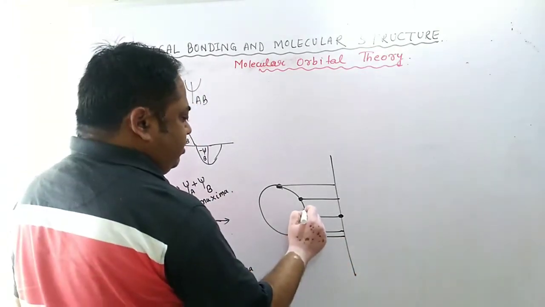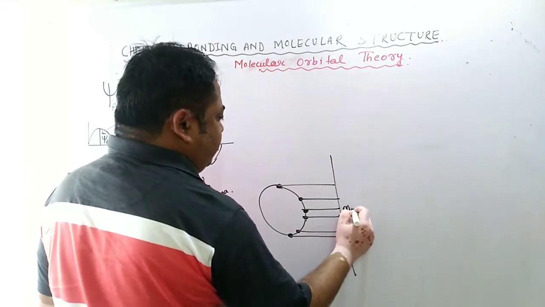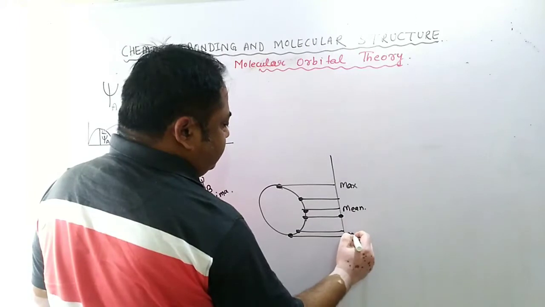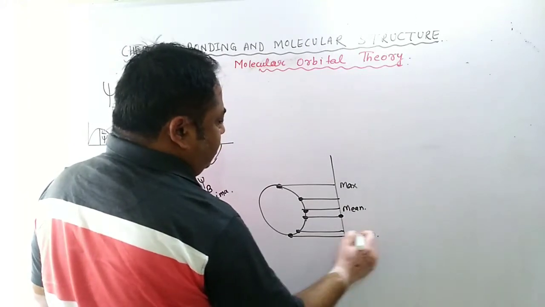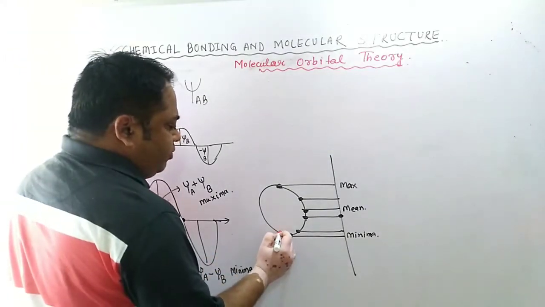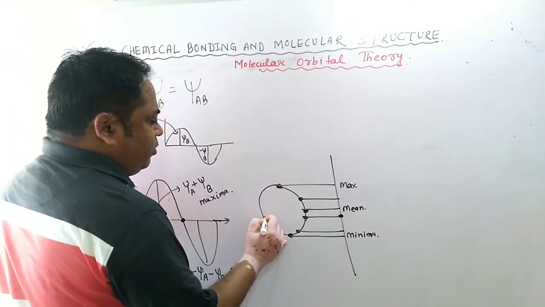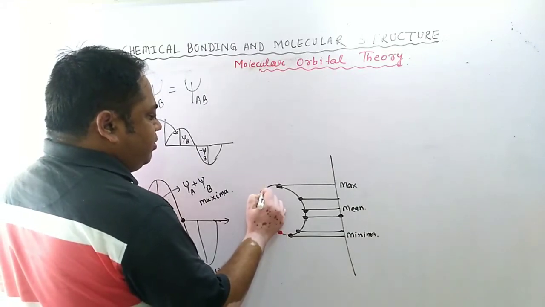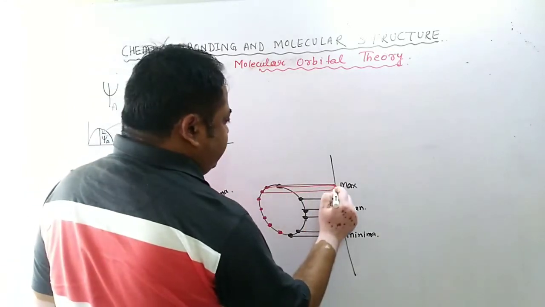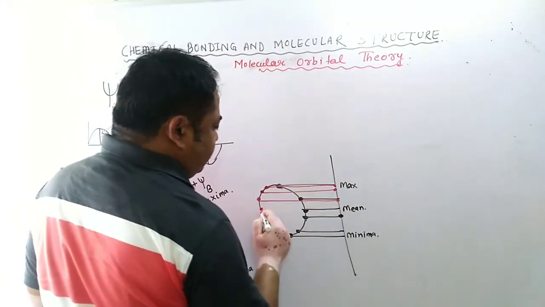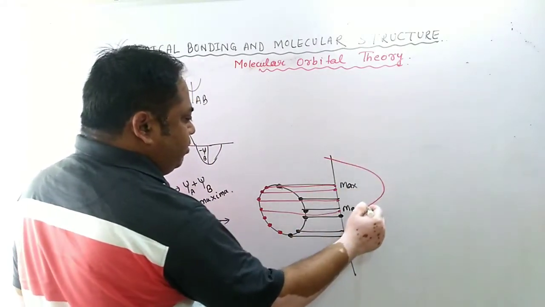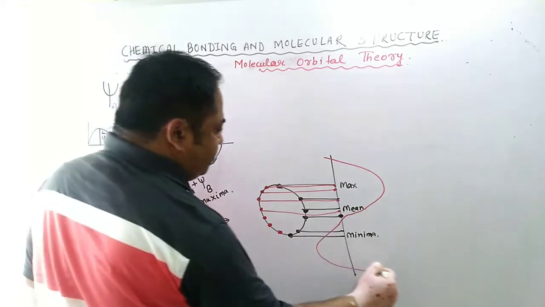So if this is the mean point, and this is the maxima, and this is the minima, you will find that even if the electron comes on the other side, these extents cannot be exceeded. The extents will remain the same, in between the maxima, mean, and minima.